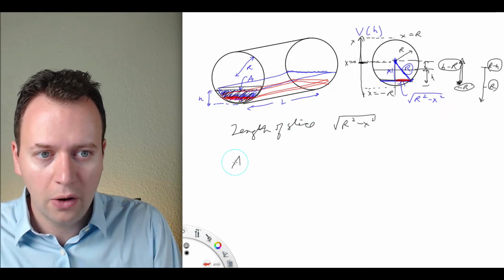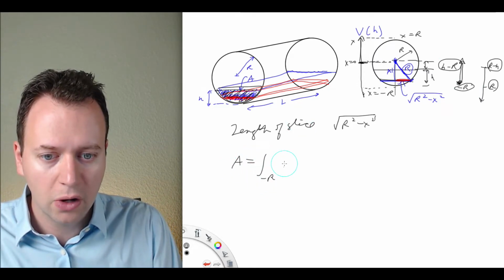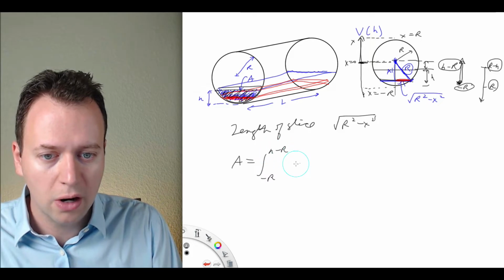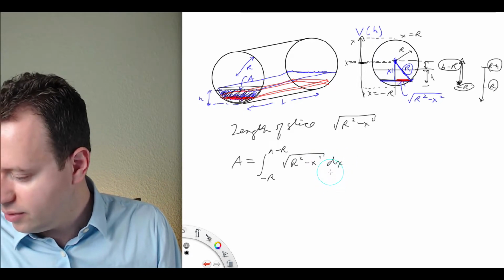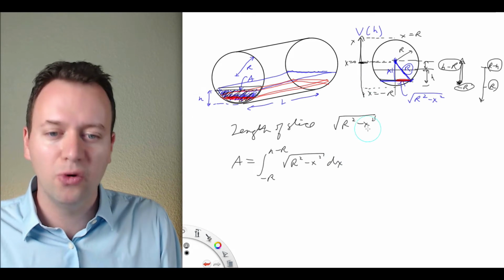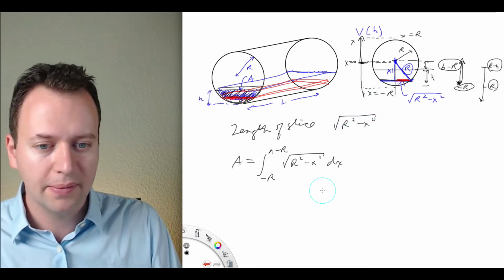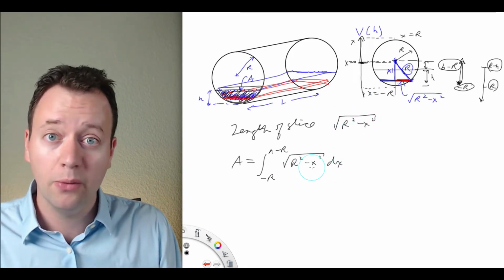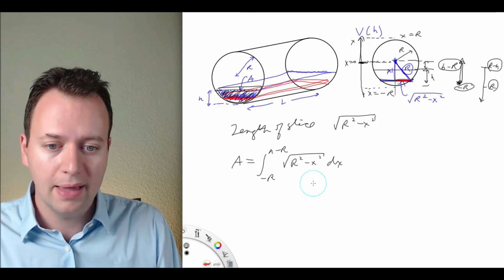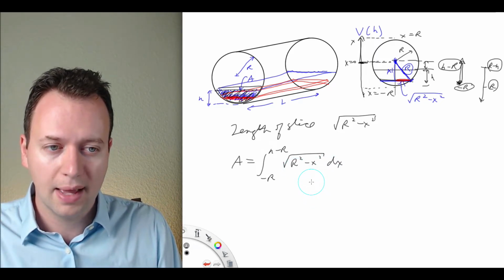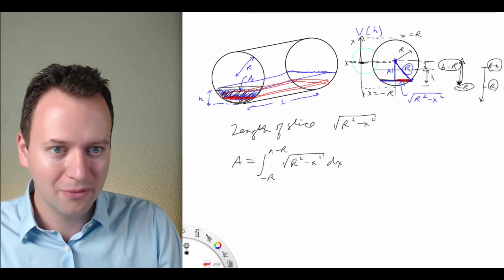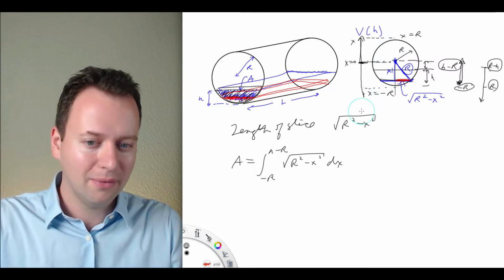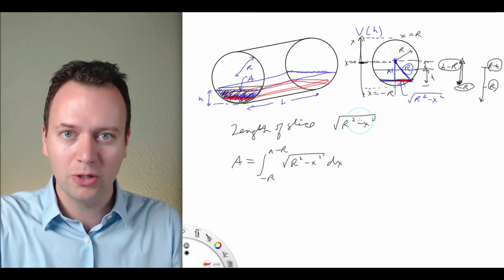So the total area is going to be the integral from minus r to h minus r of the square root of r squared minus x squared. I think I almost like x moving down better, but let's just stick with this. Okay, let me not set a bad example by switching definitions.